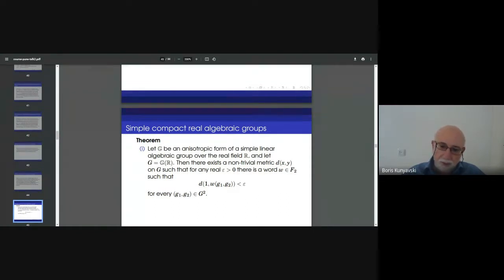Then in a certain metric on G, we can say the following: for any epsilon, there is a word in two letters such that all its values fall in the epsilon neighborhood of the unit element of the group.